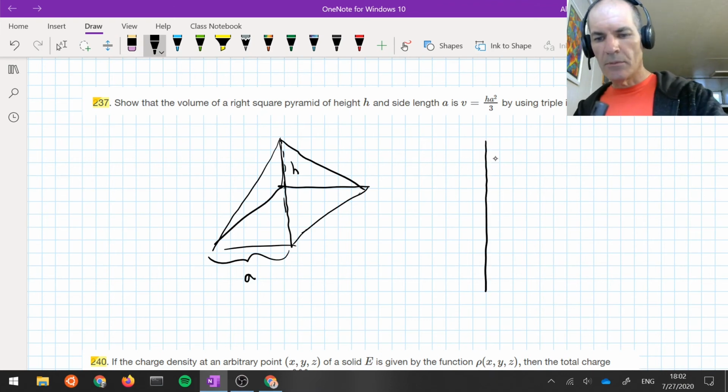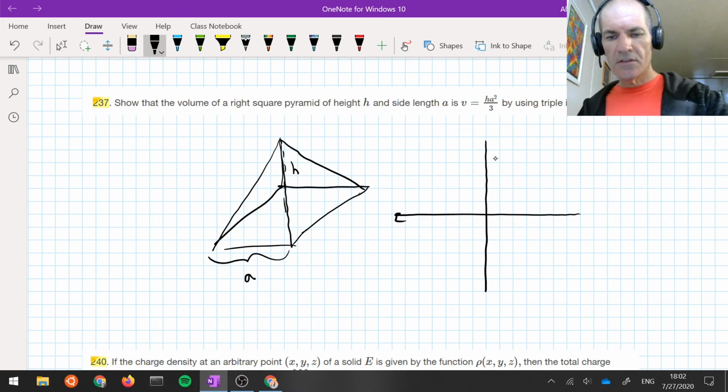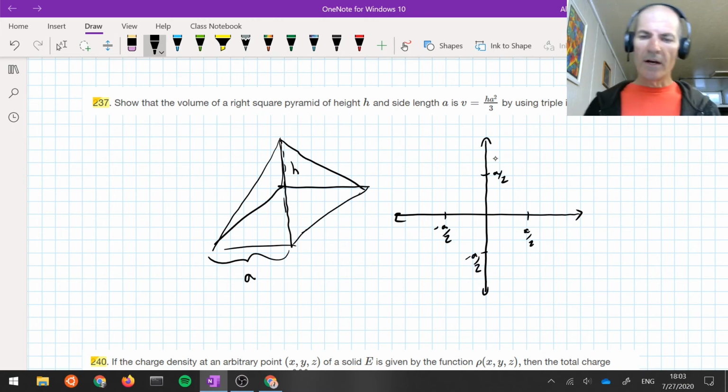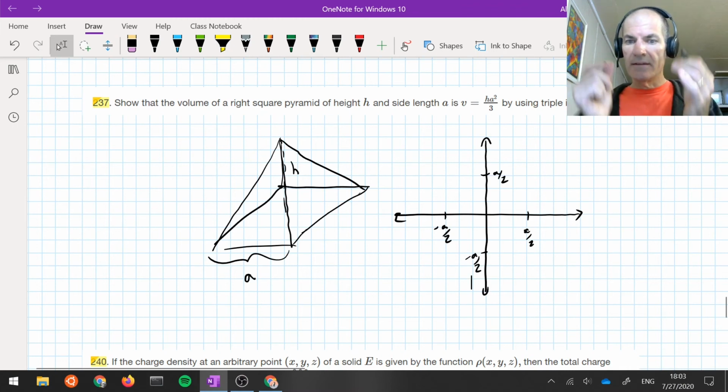I think it's probably wise to situate this thing at a over 2 and minus a over 2, and a over 2 and minus a over 2. Why did I do that? If you look carefully at the length of this interval, it's a over 2 minus negative a over 2, aka a.